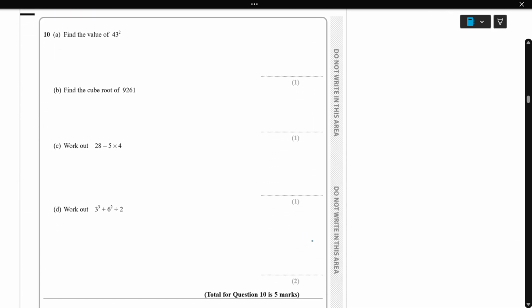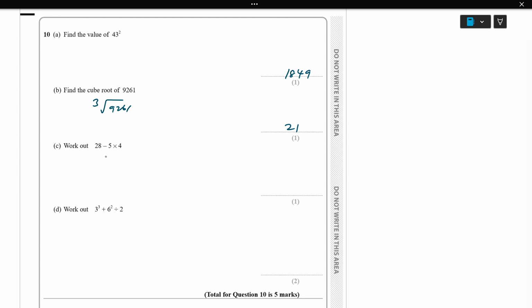Okay, next, find the value of 43 squared. 43 squared answer is going to be 1849. Next, cube root. So the cube root of 9261 equal to 21. Next one, work out this.